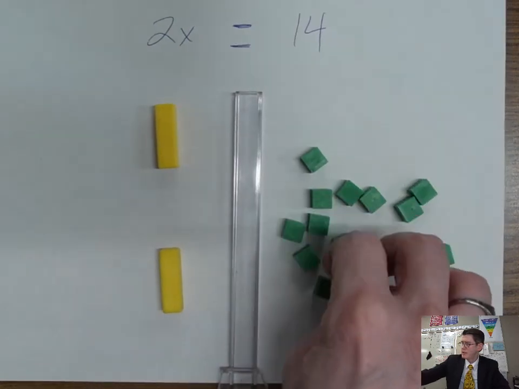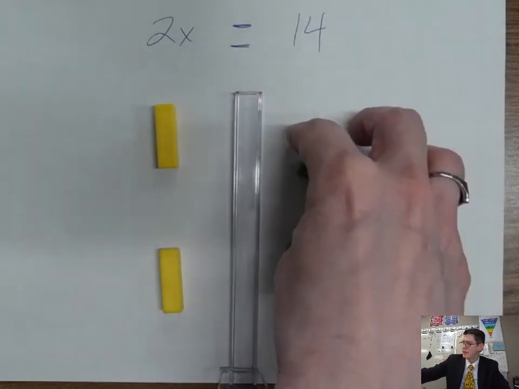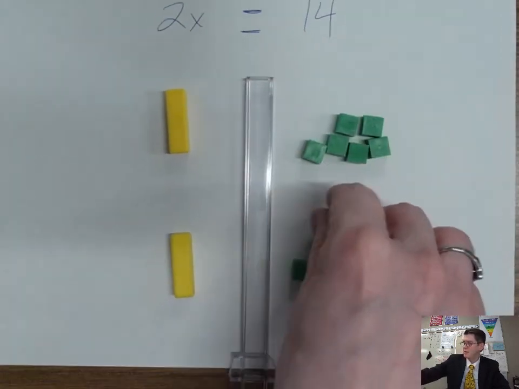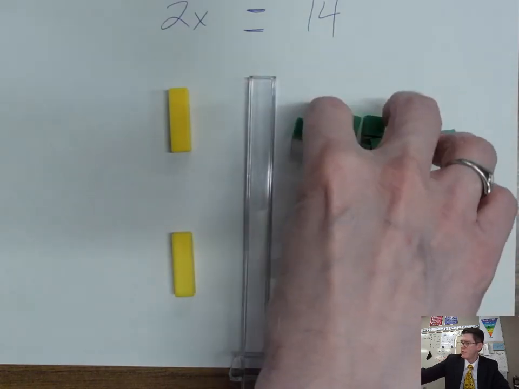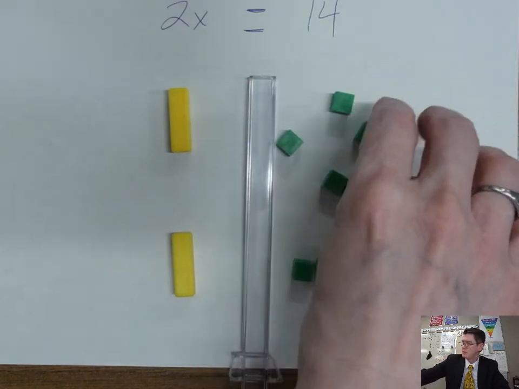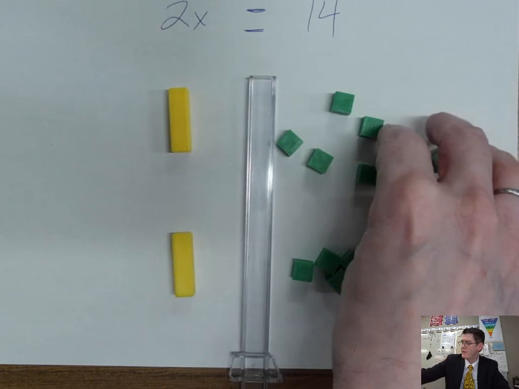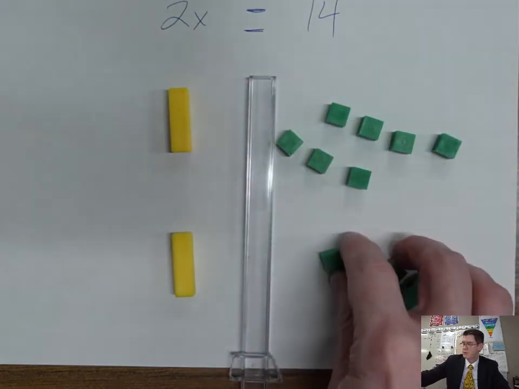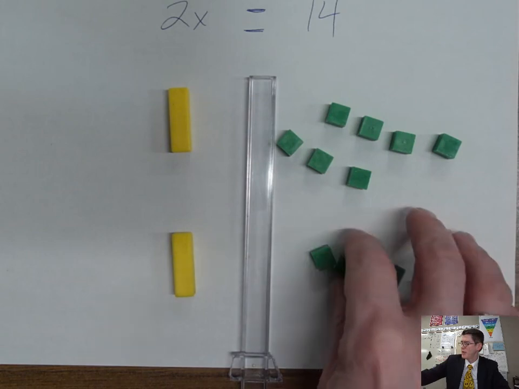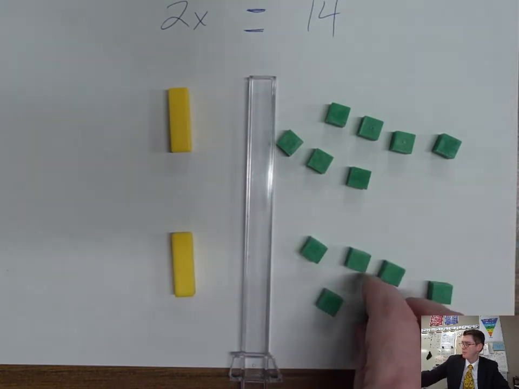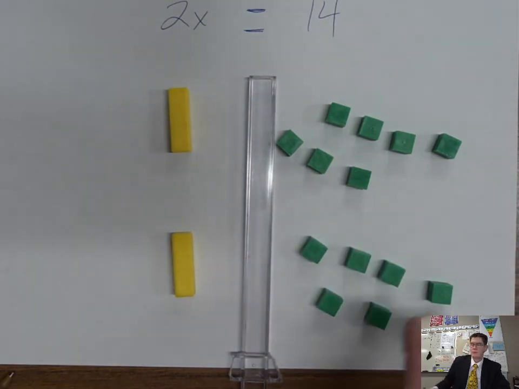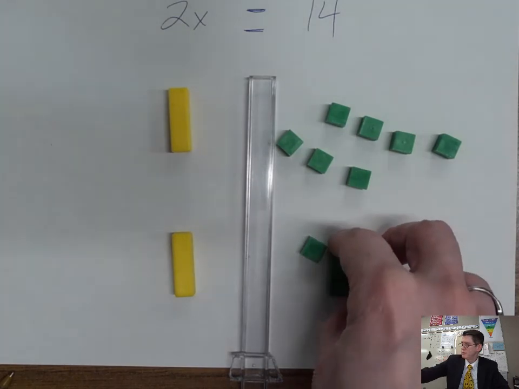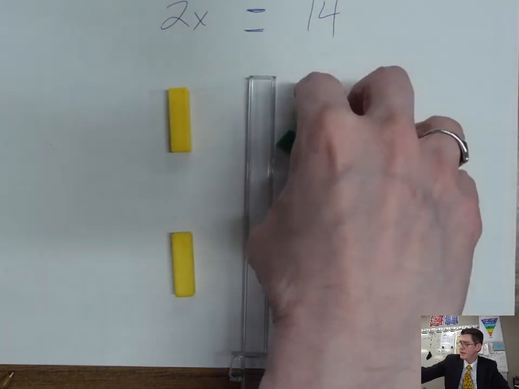Split these piles, divide them into two even piles. How can I make sure that I've got even piles? Make the two piles look somewhat the same. There's that, and there's that.